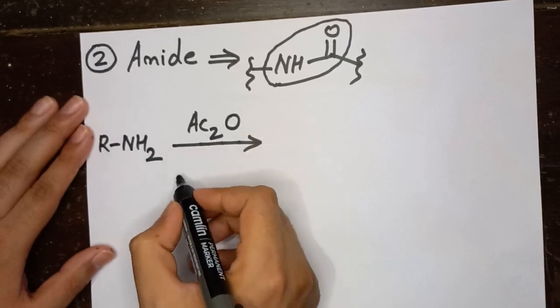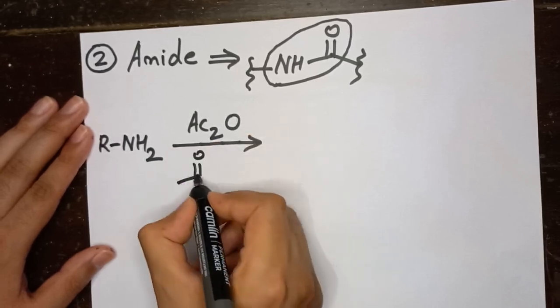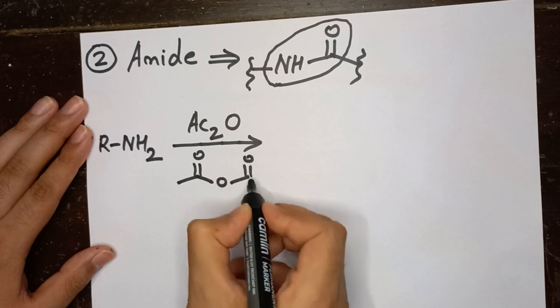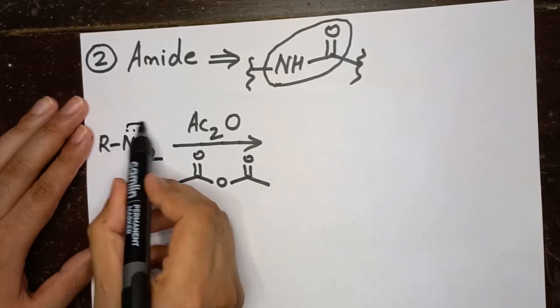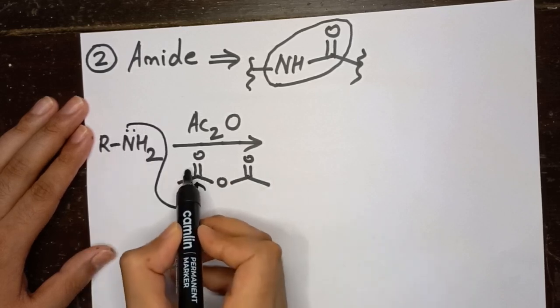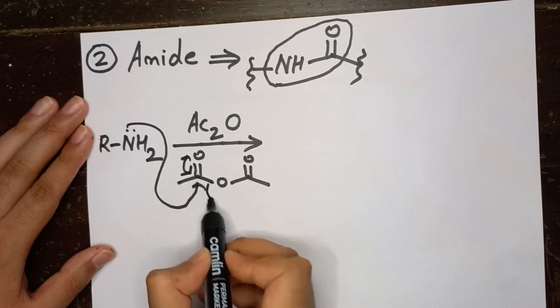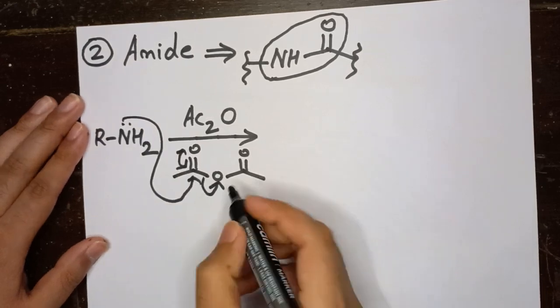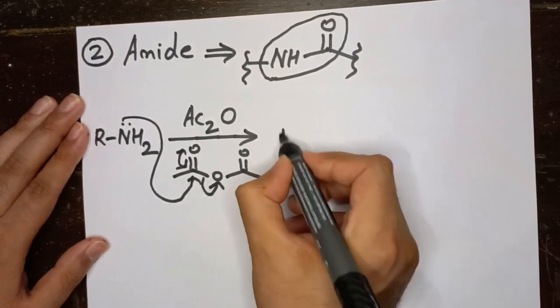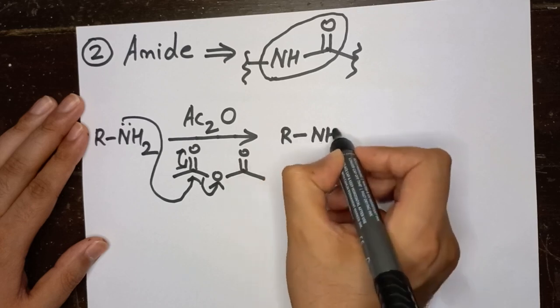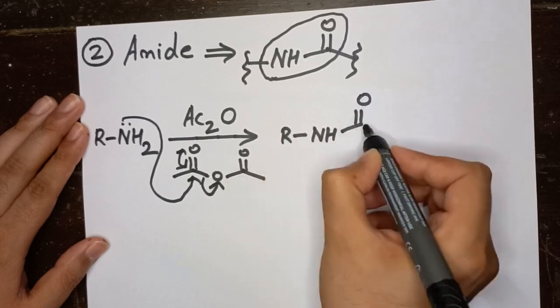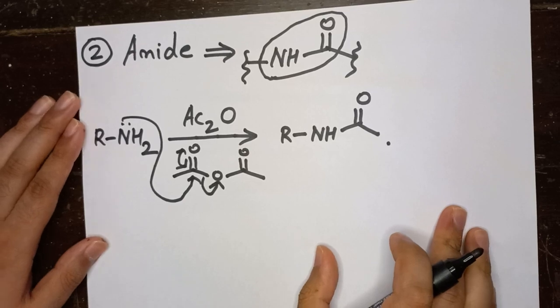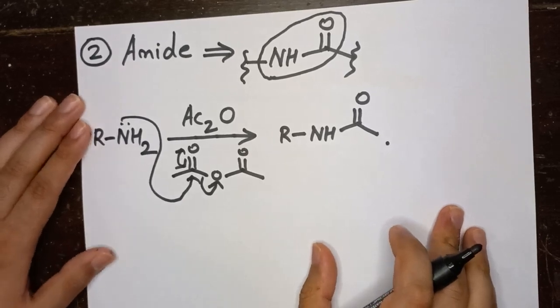The structure of acetic anhydride can be written as, okay, so this nitrogen lone pair will attack this carbonyl, and through conjugation this whole group is going to leave. The byproduct is acetic acid, and simply you have protected your amine as an amide. So this is what we call amide protection.